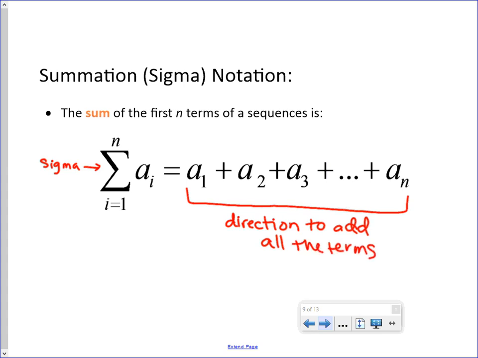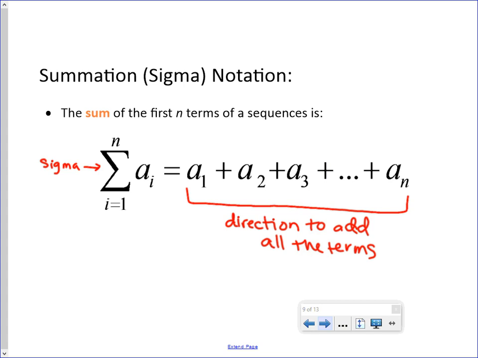So you know how mathematicians can sometimes be lazy, or maybe we all just want to get a standard language that we all speak. Anytime we write with that sigma, we're saying add all these things together. That's what sigma means. So that's what's on the other side of the equal sign.